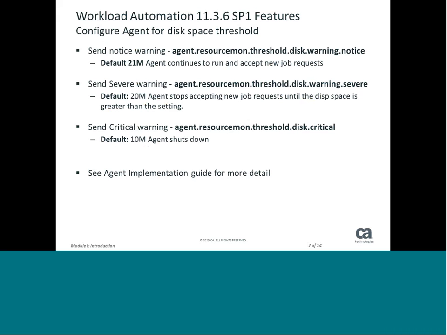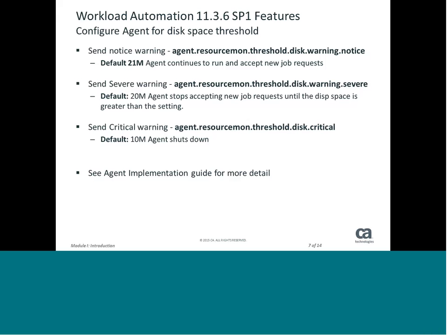The next level of criticality is the severe warning. At this level, and again, the default is now 20 meg of available space, the agent actually stops accepting new job requests until that disk space is greater than the setting.